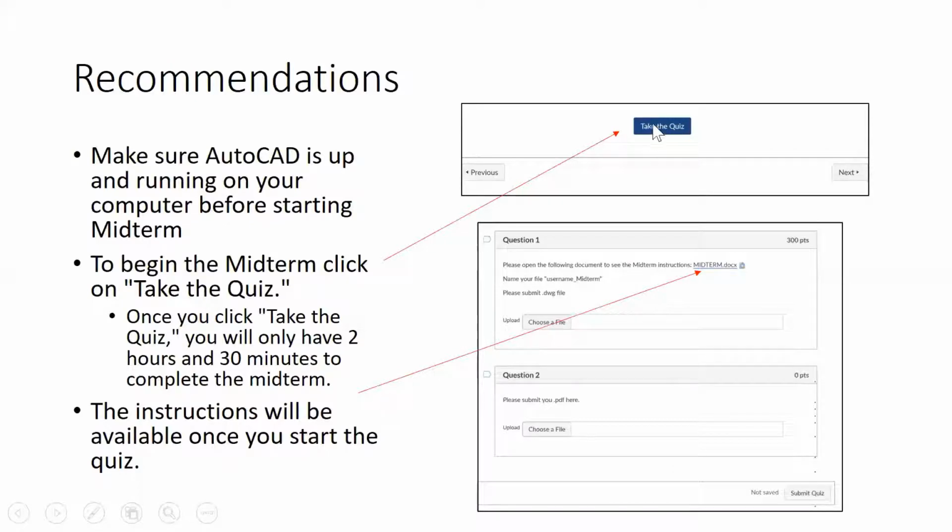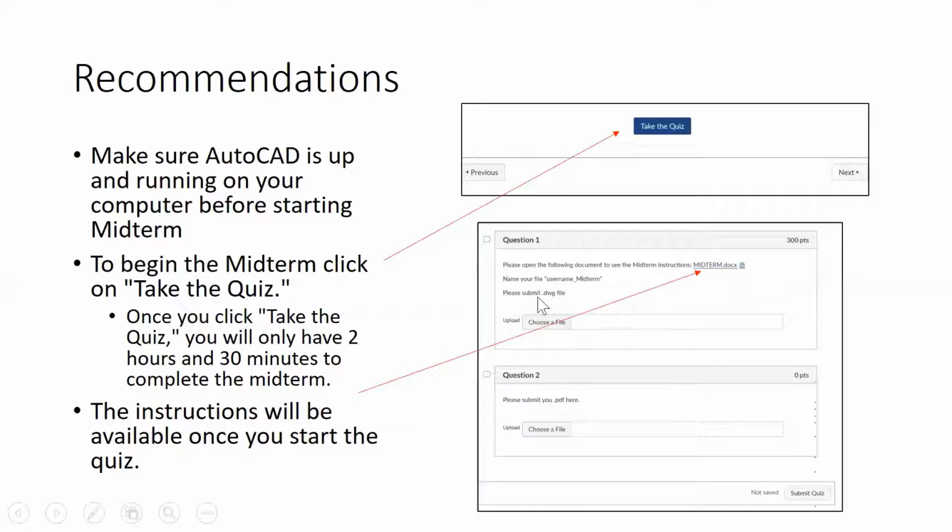Once you click Take the Quiz, there will be 2 questions. This is actually a screenshot of the midterm, so this is exactly what you'll see. The instructions for the midterm will be right here. All you do is click that midterm.docx and open the document, and that will have all the steps to complete the midterm. Once you're done, you're going to upload 2 files.